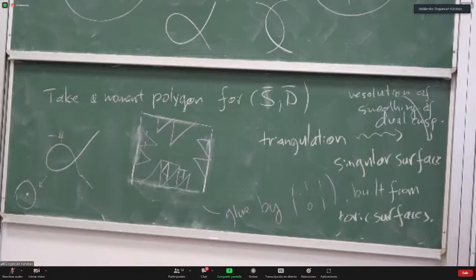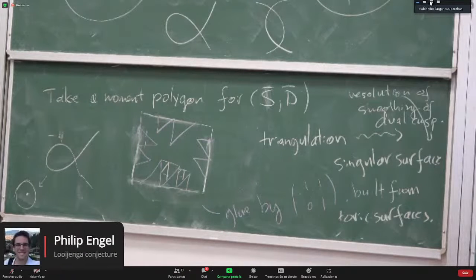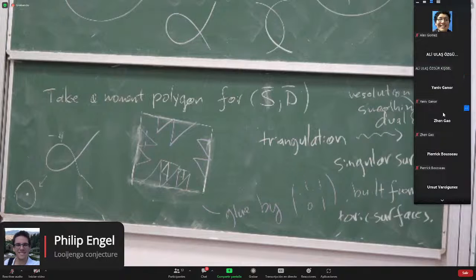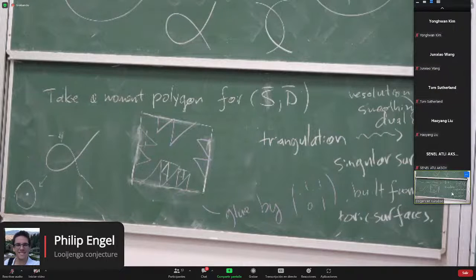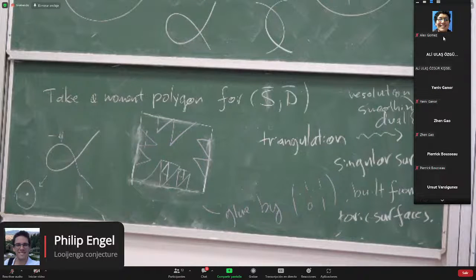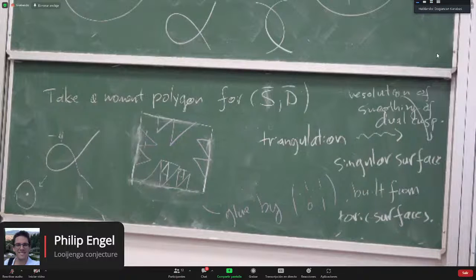I think Viro patchworking would take some tropical curve with respect to that triangulation. So it's related to degenerating. Viro patchworking would try to build some subvariety from those pieces.